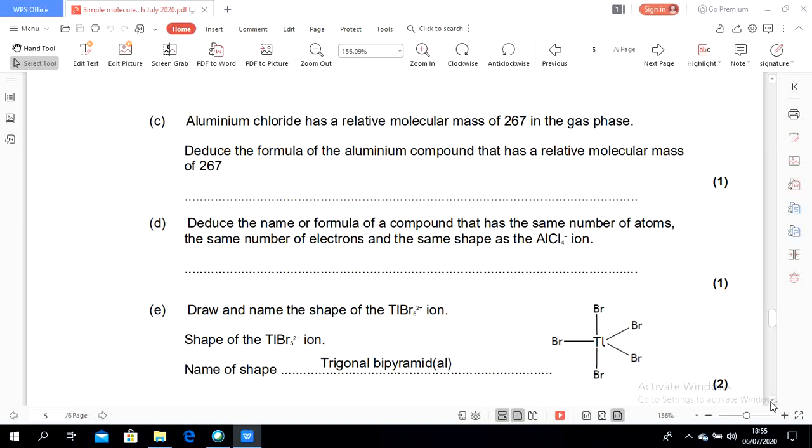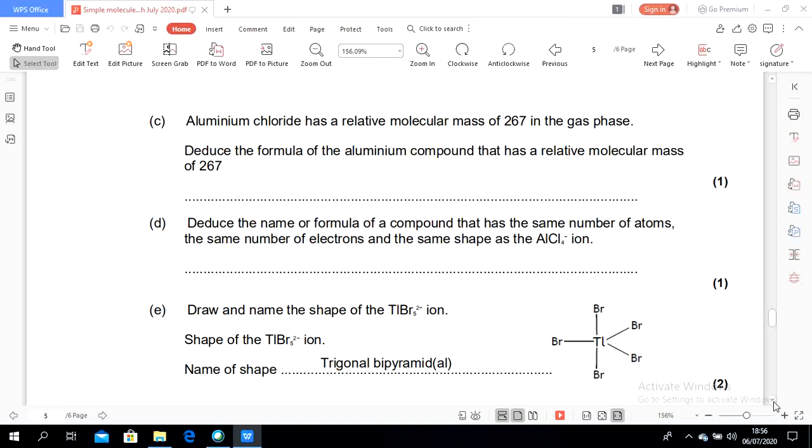The molar mass of AlCl3, and then we find the number of AlCl3 units required to form 267 molar mass. So the formula is Al2Cl6.